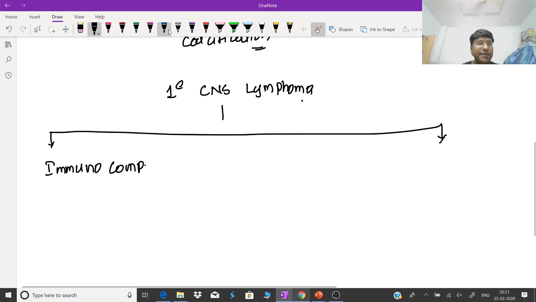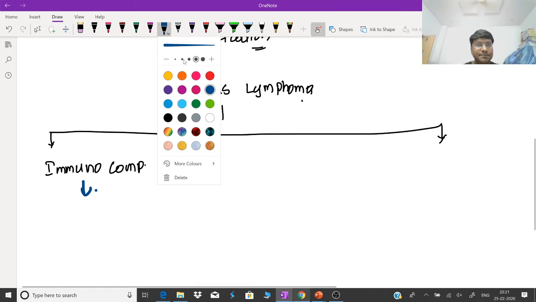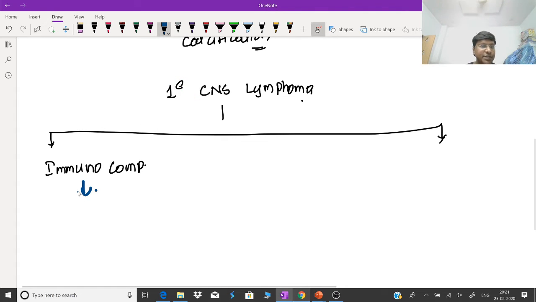In an immunocompetent individual, the primary CNS lymphoma will present as diffuse large B cell lymphoma.